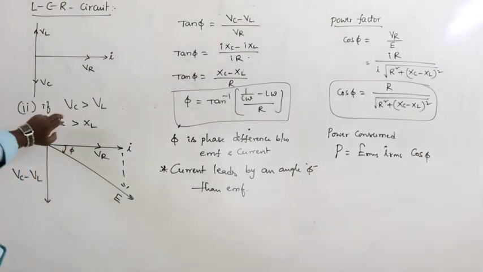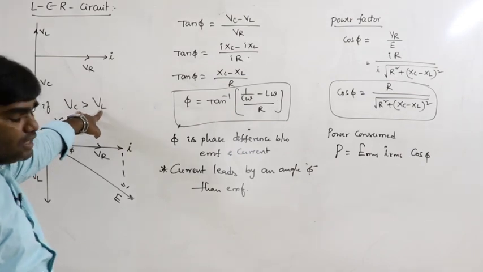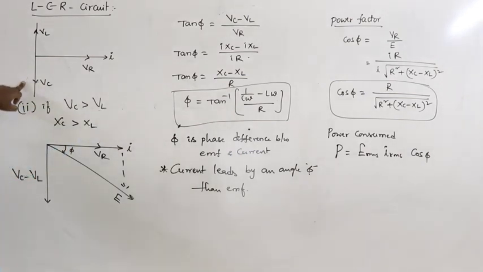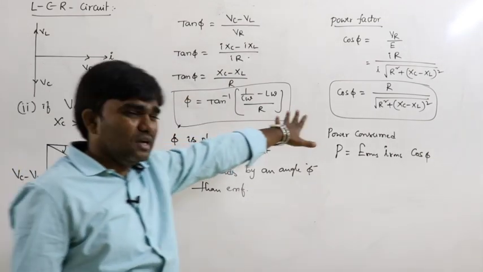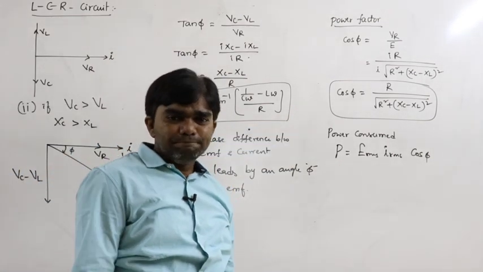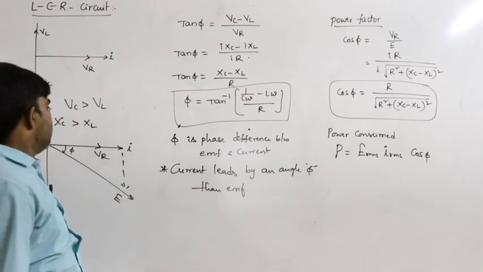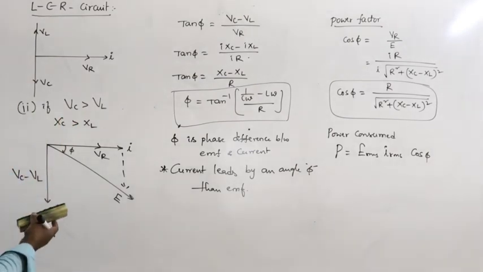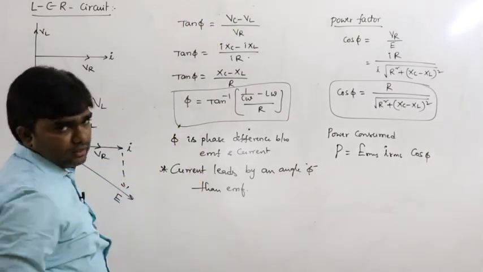If VC is greater than VL, the potential across the capacitor is greater than the potential across the inductor. So that is the phase difference and power factor, everything.